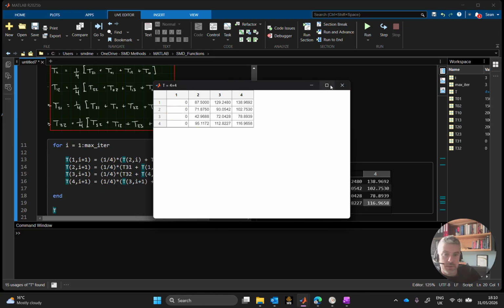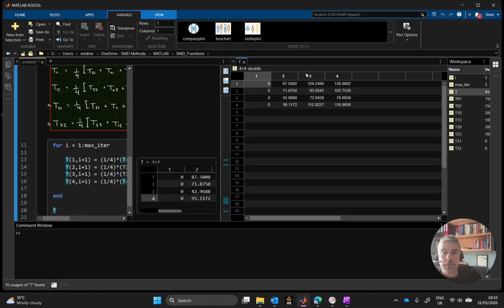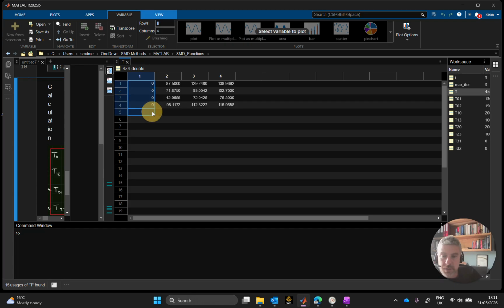Alright, so this is our initial guess, all zeros. After our first iteration, we calculated these values. Our second iteration, we calculated these values. And then in our third iteration, we calculated these values.